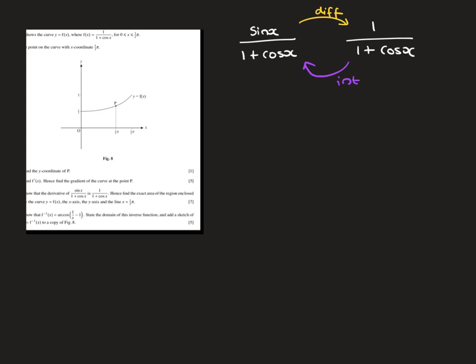So we then have to find the exact area of the region bound by the curve, the x-axis, the y-axis, and the line x equals pi by 3. So that's this region over here.